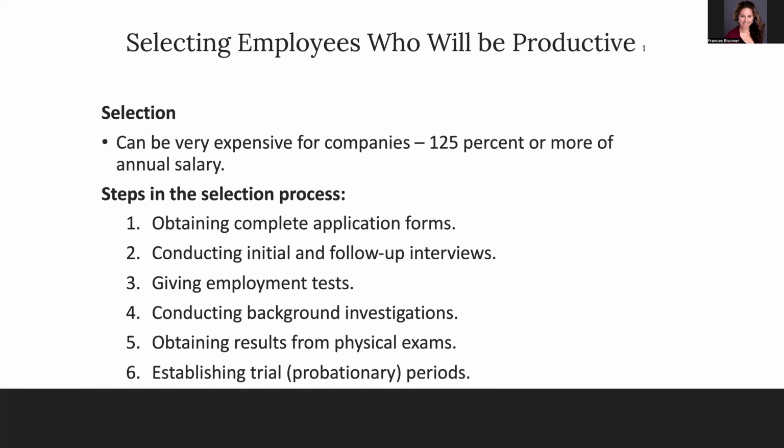There may be different types of employment tests depending on the type of job, the industry, and requirements. Then a background investigation is done once the candidate is chosen, and they may proceed with physical exams. Finally, establishing probationary periods is optional in some hiring processes.